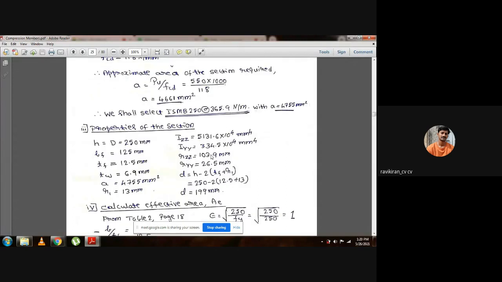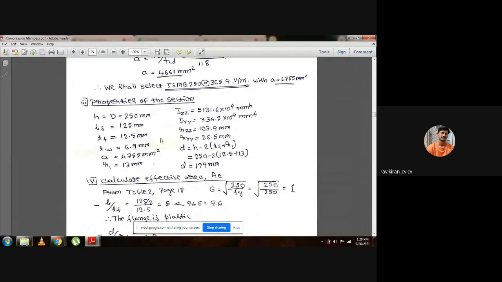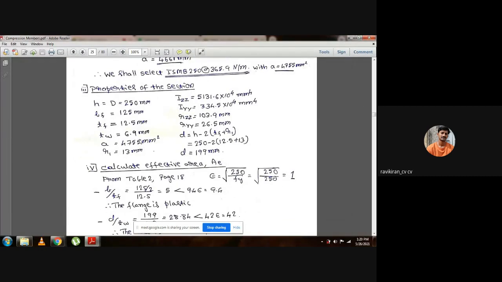So once we decided the section, that is ISMB 250, let us write down the sectional properties. Usually what we need to do: depth or edge, breadth of the flange, thickness of the flange, thickness of the web, area and root thickness, and IZZ, IYY, that is radius of gyration in terms of ZZ plane and YY plane.